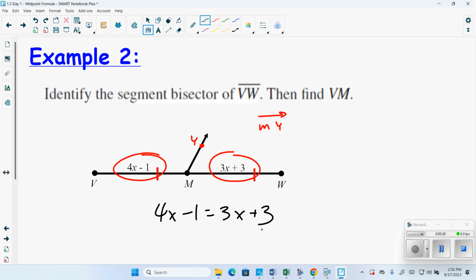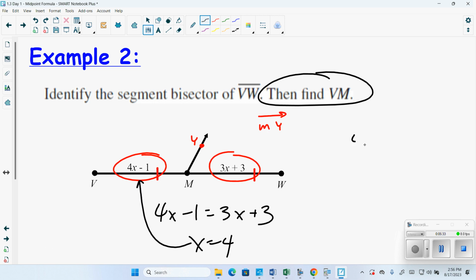And now I have an algebra problem that I can solve. X would equal 4. However, that's not what they're asking. They don't want to know what x is. They want to know what VM is. So plugging 4 in for x, 4 times 4 minus 1, I get 15. So VM equals 15.